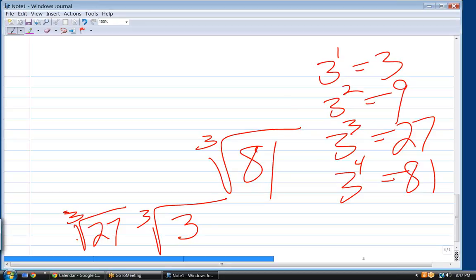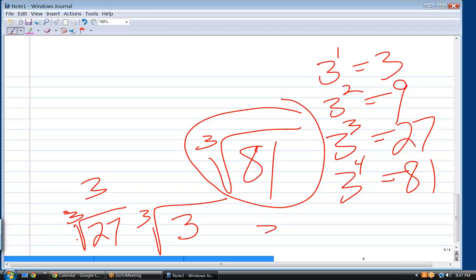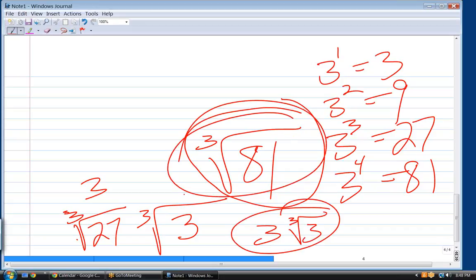So I'm going to separate my cube root of 81 into a cube root of 27 times a cube root of 3. You see why I do that? Yes. Because now I can replace this with the number 3. So the cube root of 81 is actually 3 cube roots of 3. That's the same as this.